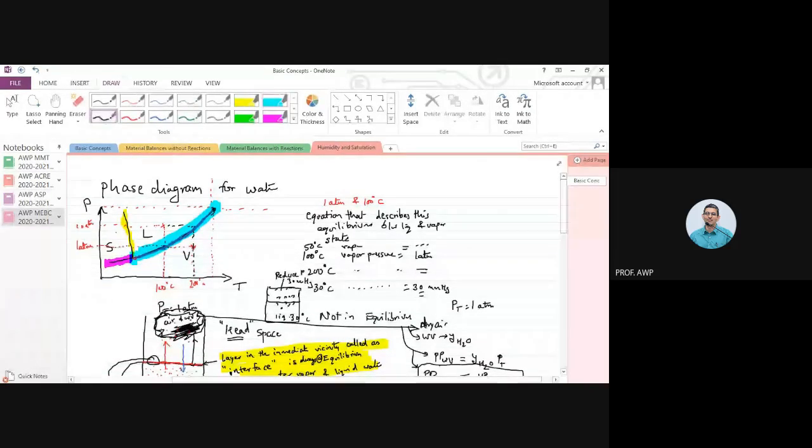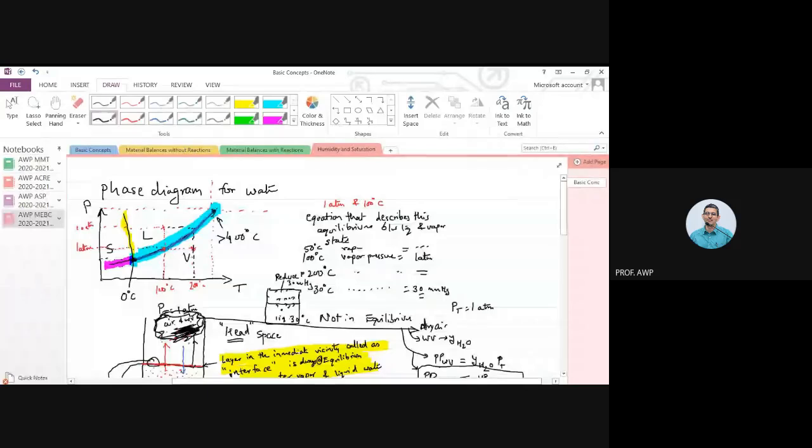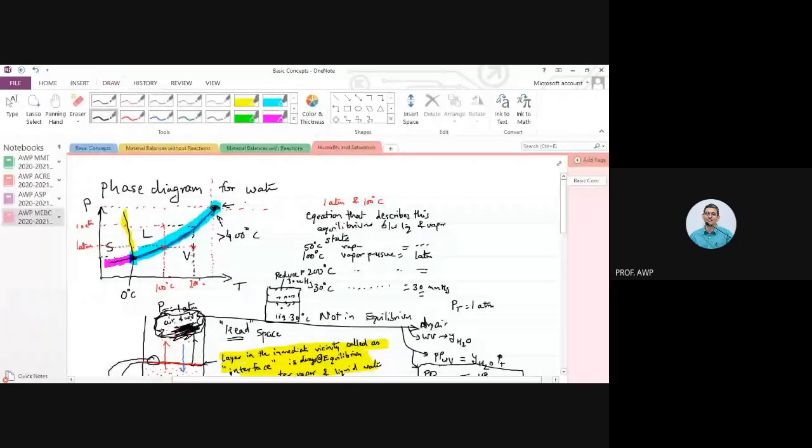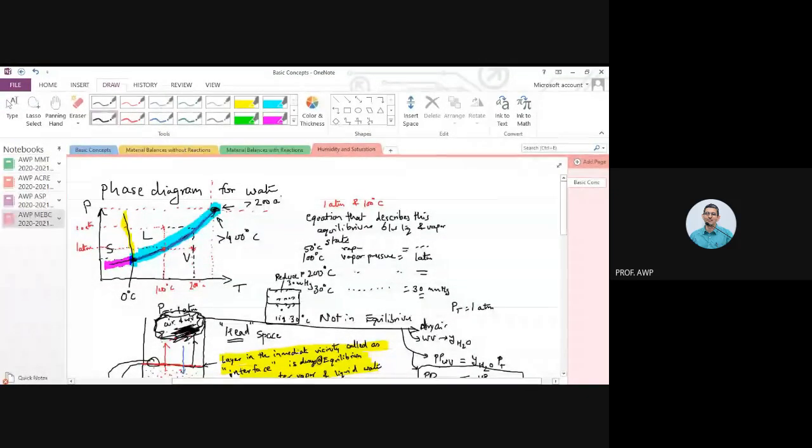For water, the triple point is very close to 0 degrees centigrade, and the critical point is beyond 400 degrees centigrade, 420. Don't worry about the actual number. At the triple point, the pressure is very small, maybe a few hundred Pascal, whereas the pressure at the critical point is more than 200 atmospheres.